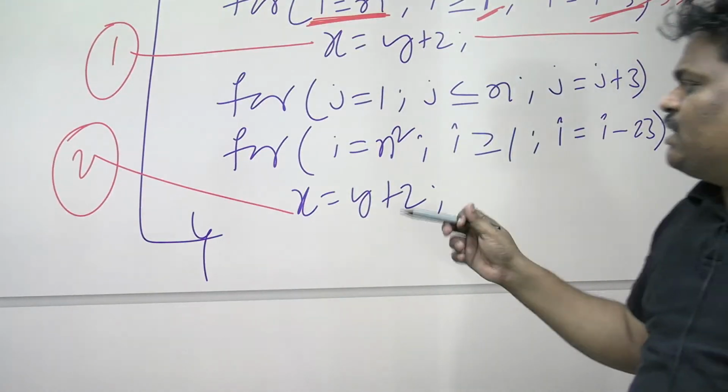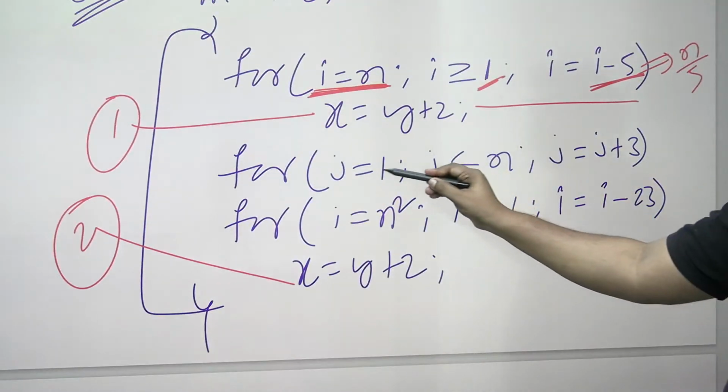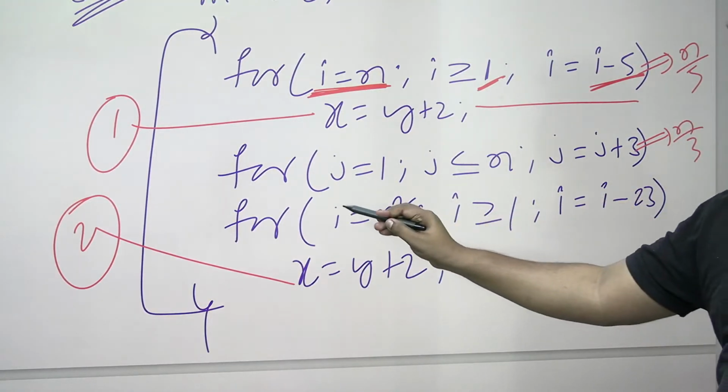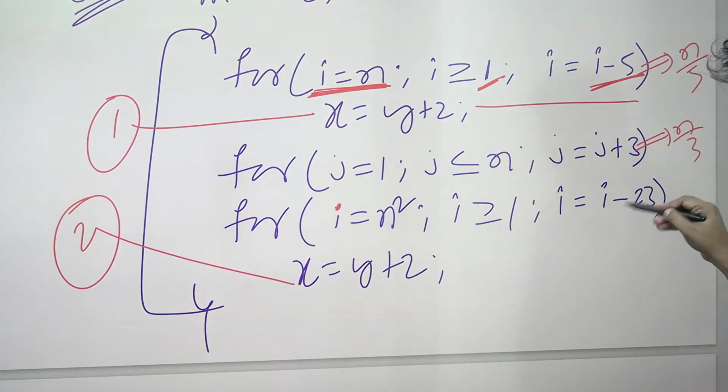If you see the second statement, in a similar way, I started from small and I am incrementing always by plus 3, so n by 3. Next, I started from a big number, n square, and keep on decrementing. How am I decrementing? By 23.